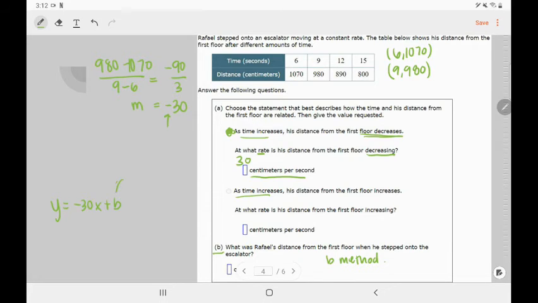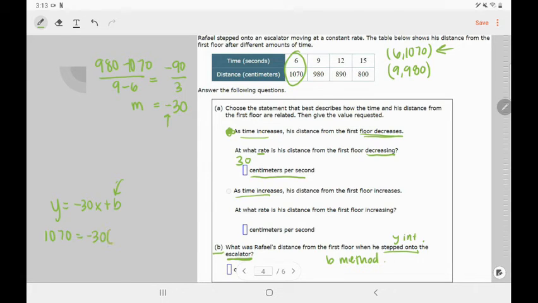And b is what I want to find. I want to know how high he was when he stepped on the escalator. That's my y-intercept. So if I input an ordered pair, so let's input this first ordered pair, I should be able to determine what that y-intercept is by working backwards.